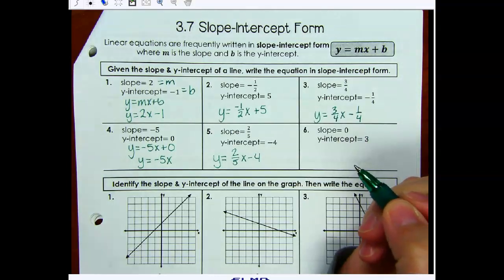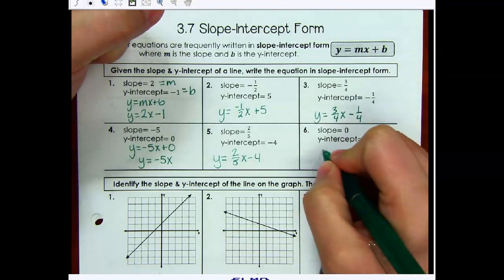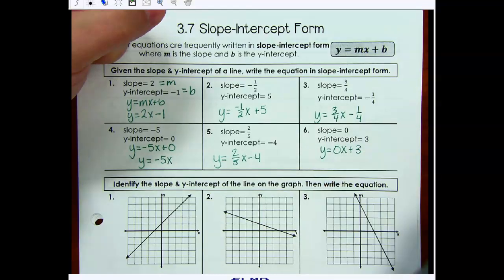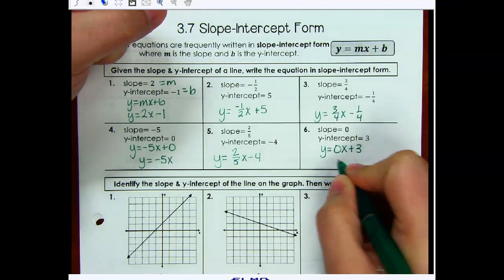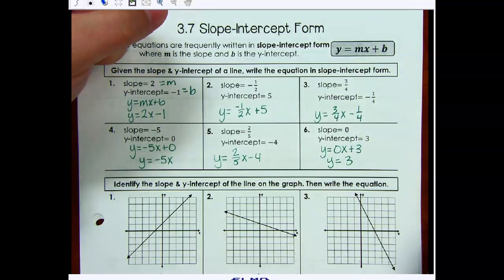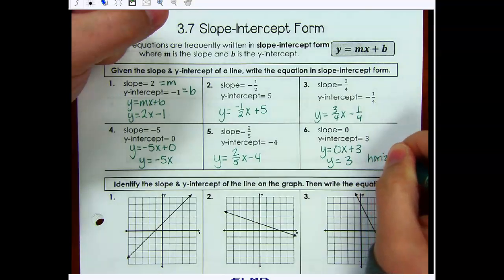And then for the last one, this one is the tricky one, okay? So for this one, you have y equals 0x plus 3, but 0 times x is 0, and 0 plus 3 is 3. So this one is a horizontal line.